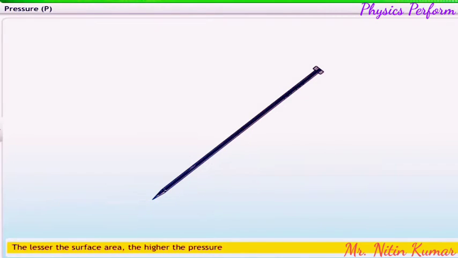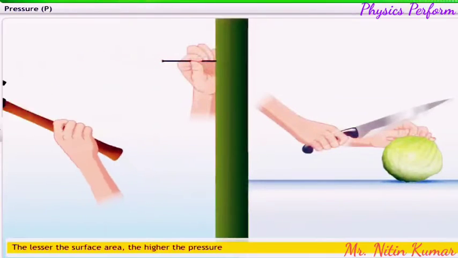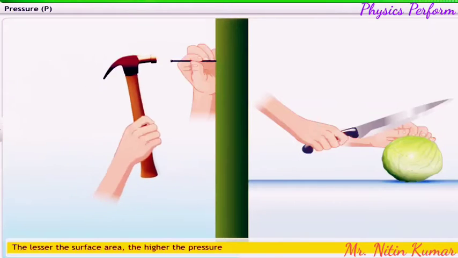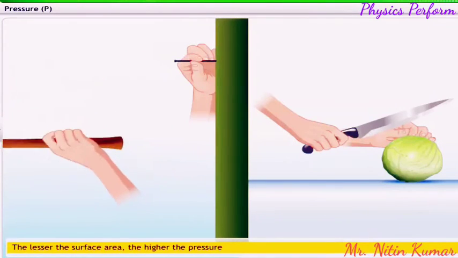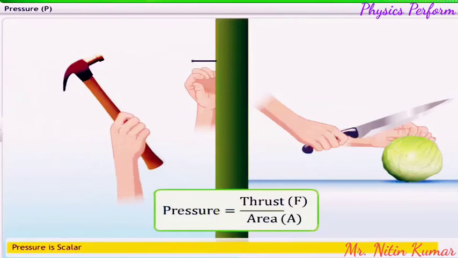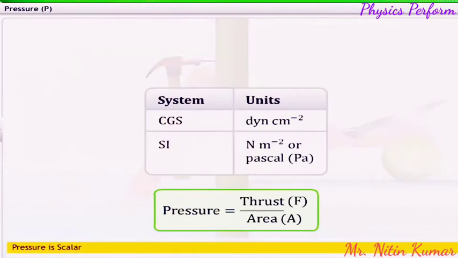Therefore, while driving the nail into the wall, the pressure of the hammer is maximized, which helps drive the nail into the wall. Pressure is scalar and is measured in dyne per centimeter square in the CGS system, or Newton per meter square or Pascal, denoted by Pa, in the SI system.